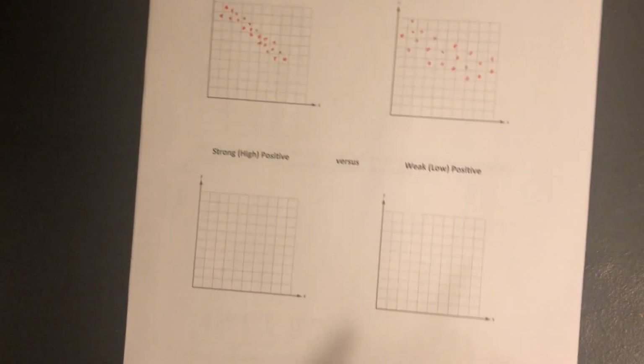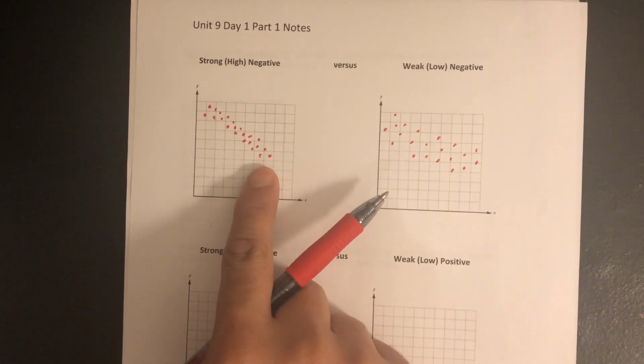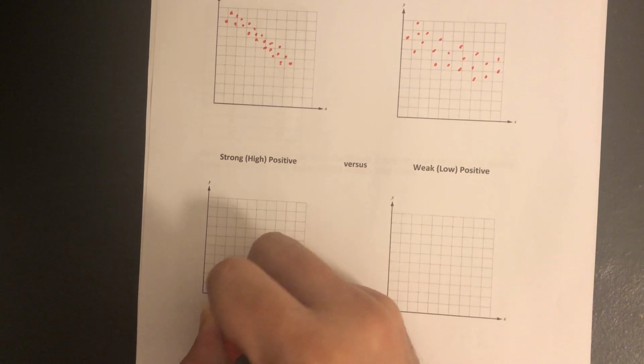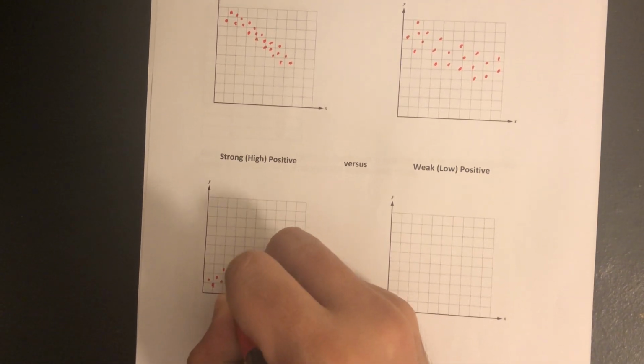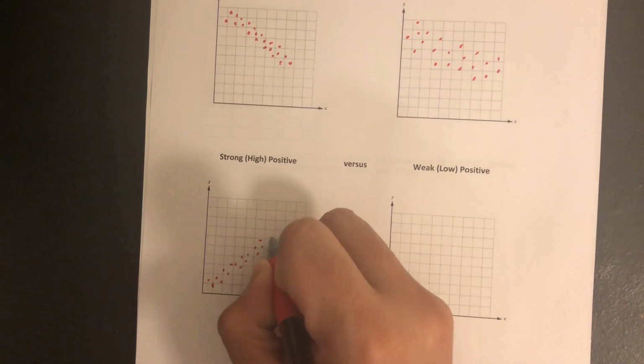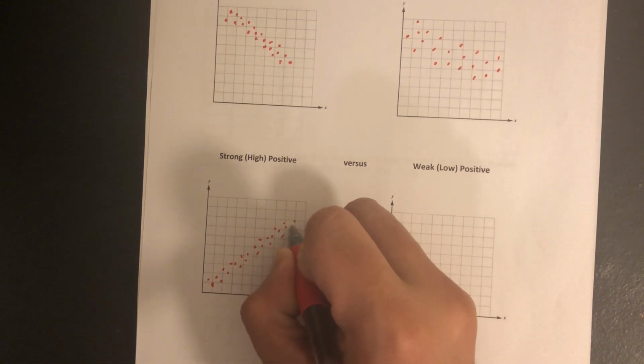Okay. Now, same idea here. Strong positive, also known as high positive, is just the same thing as a strong negative. The only difference is that it's increasing. So my dots are still really close to each other, almost forming that perfect correlation, where the correlation is really, really strong.